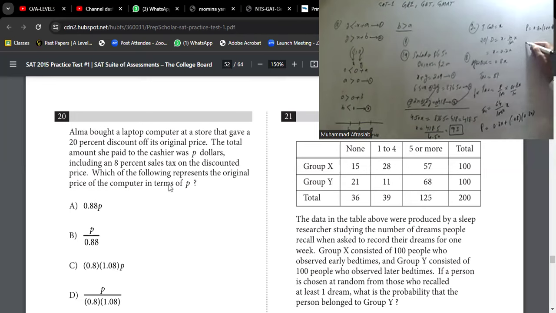So x will be equal to P over 0.8 into 1.08.